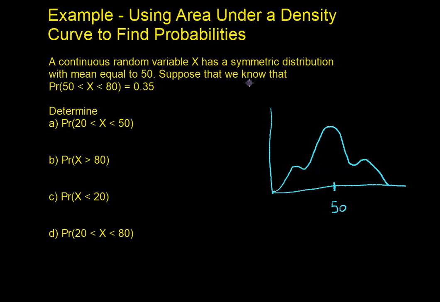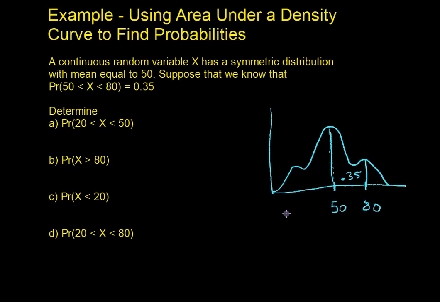So here in the center is 50. Suppose that we know that the probability of x being between 50 and 80 is 0.35. So let me go ahead and draw 80 somewhere. Say here's 80. And so I know that this area in here must be 0.35.